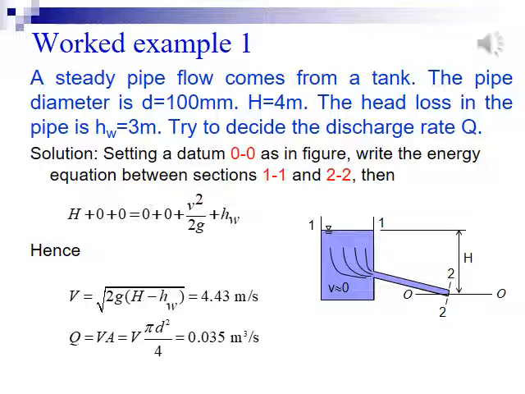Number 2. Why select the free surface, which is marked by a triangle and a short bar below it, as our upstream section 1-1? We know on a surface open to the air, the pressure is 0, so P1 is 0.